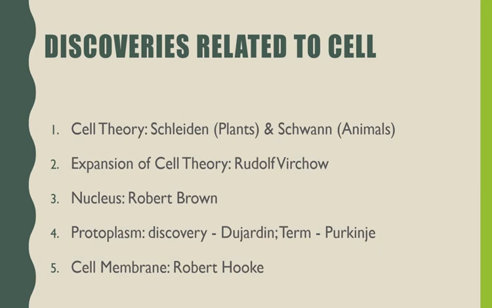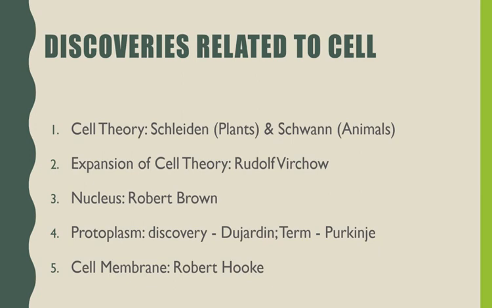So Schleiden gave the cell theory for plant cells, Schwann gave the cell theory for animal cells. Now we combine these two because now we know plants and animals both are living organisms, both are made up of cells. So we combine the two theories and we call them just cell theory, given by Schleiden and Schwann.